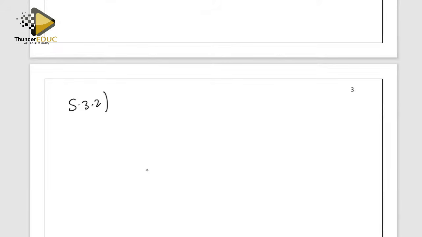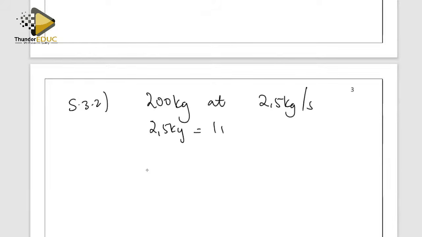5.3.2. So if we are lifting 200 kilograms at basically 2.5 kilograms every second, so this is 2.5 kilograms in 1 second. How about the 200 kilograms? How many seconds are we going to need? So let's just divide this. 200 over 2.5.